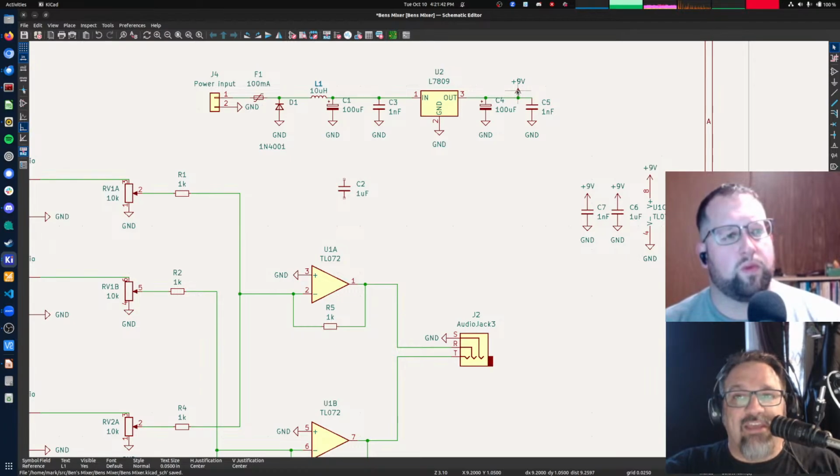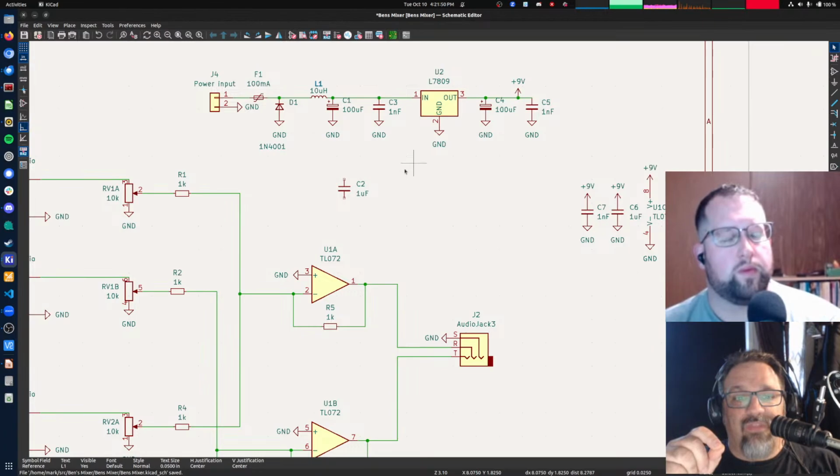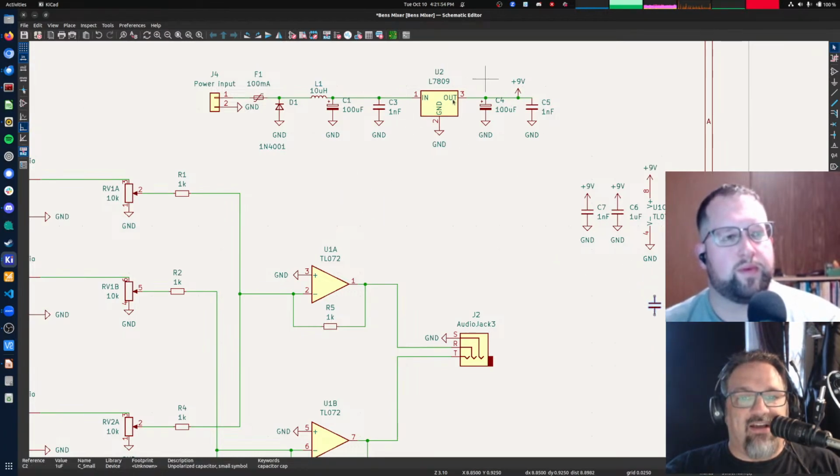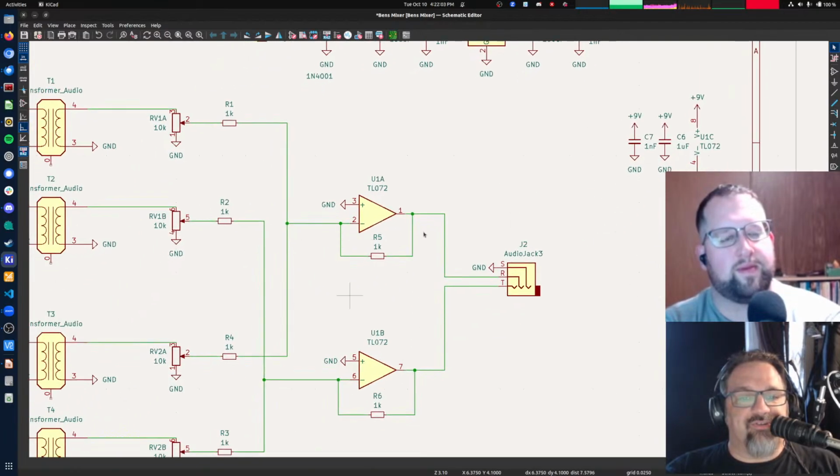This is why I was asking you whether you were willing to commit this to needing AC power. Because if you were willing to give it AC power, then I would design this power supply in a different way that would give us both positive 9 volts and negative 9 volts. And then this circuit as drawn would work.